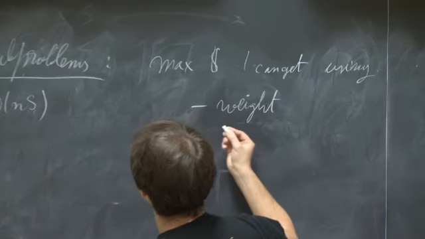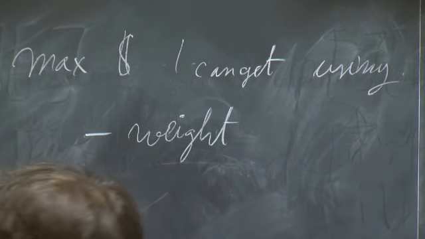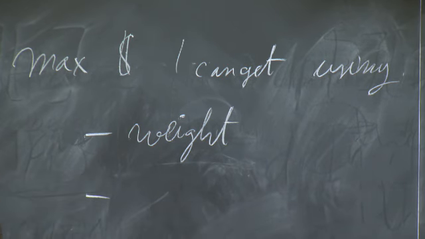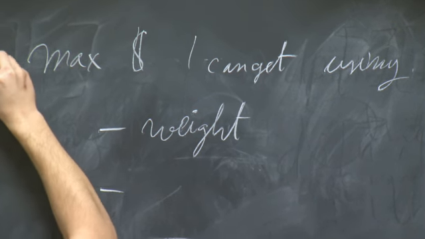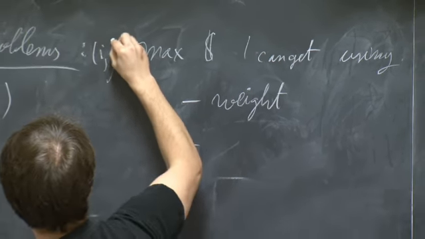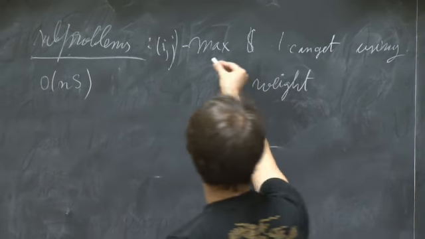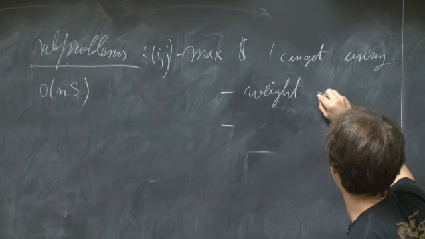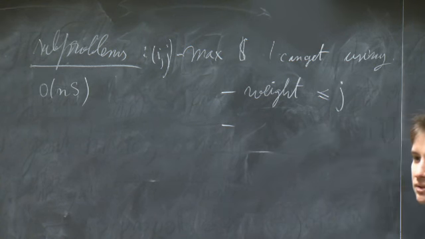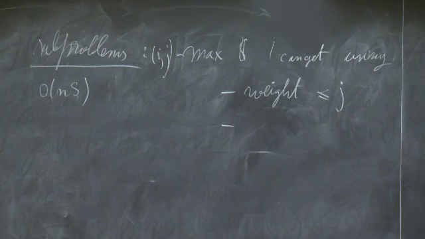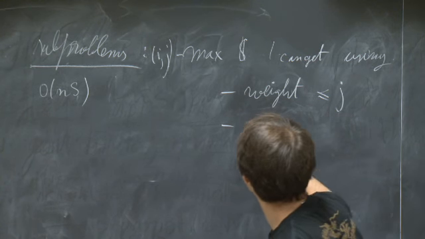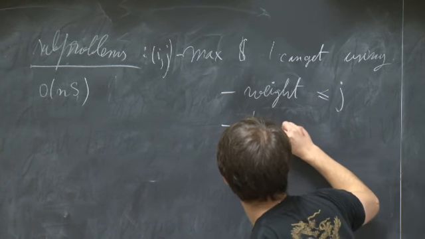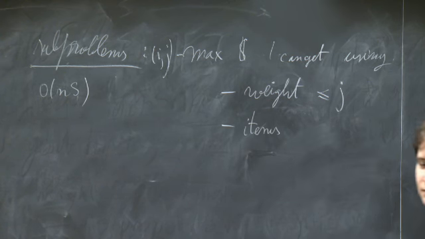So if I label the nodes using indices ij, I'm also going to label the subproblems using ij. So I'm going to say that subproblem ij is what's the maximum amount of money I can get by using a weight of at most j, and you said something about items, so we have to figure out which items. Which items?